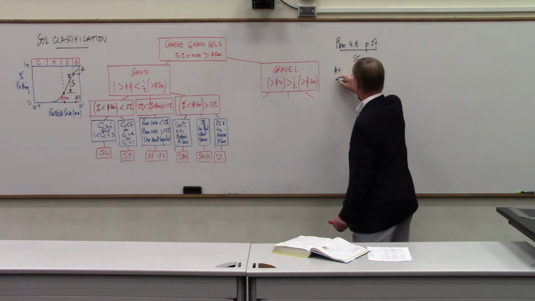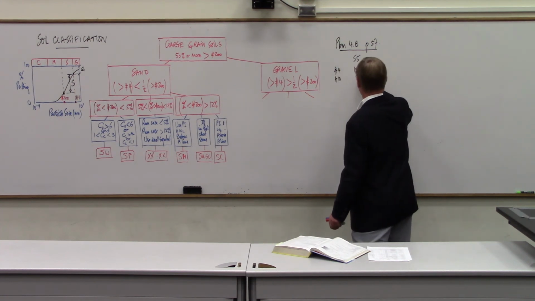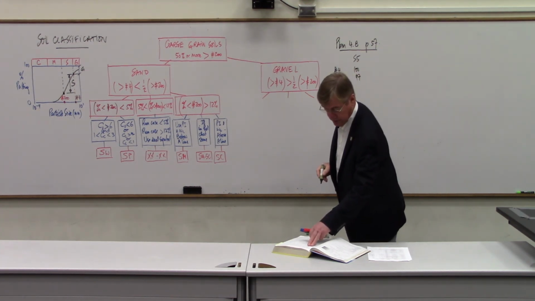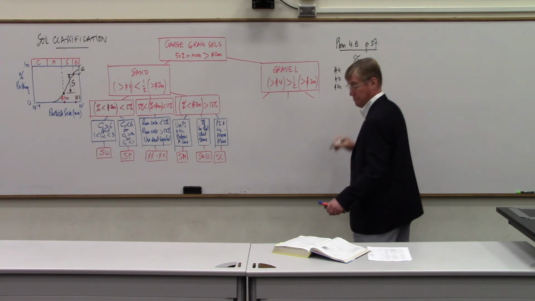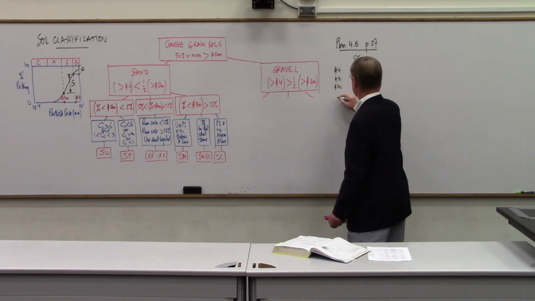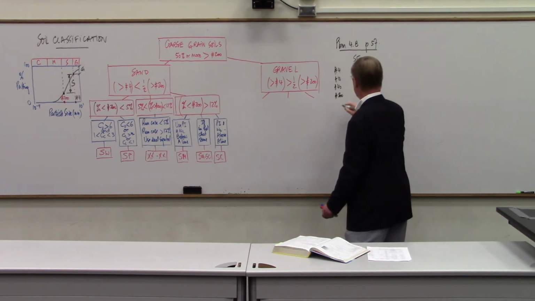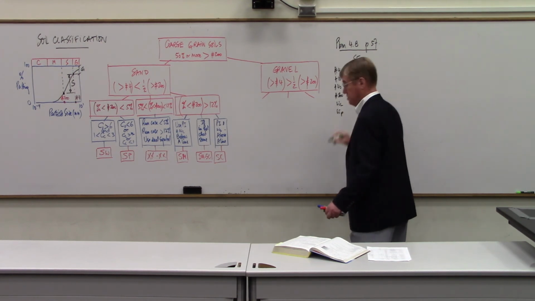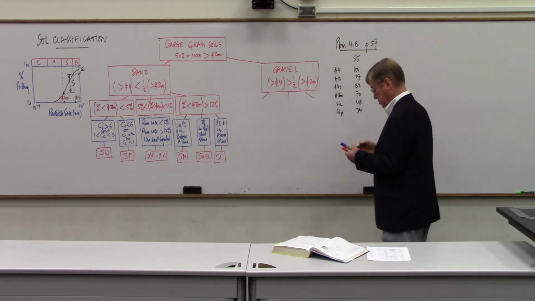Then sieve number 10, 97%. Sieve number 40, 82. Sieve number 200, 70. Liquid limit 48, and plastic limit 34. Okay, that's what you're given.